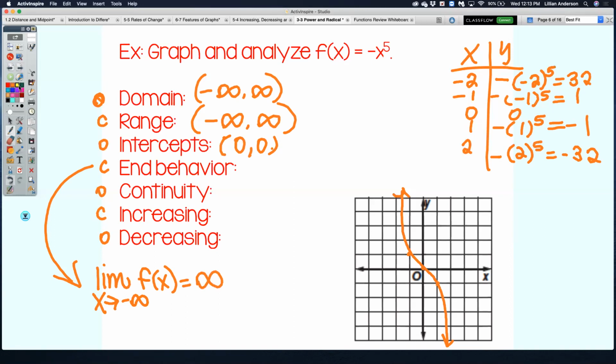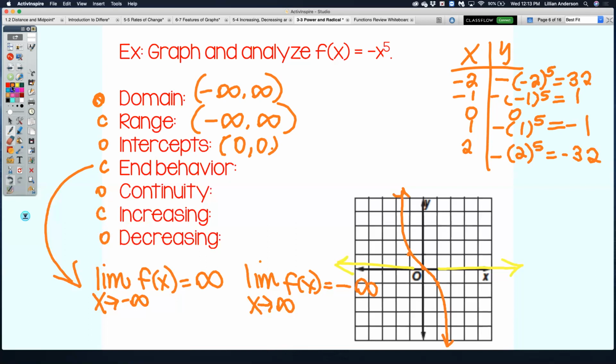So again, as you go this way, as the x's are getting -5, -10, -20, the y's are continuing to get positive and they're continuing to get bigger. So then the limit as x approaches +infinity of your function is -infinity. Very good. Because again, as we go this way, as your x's get bigger, your y's are getting bigger to -infinity. Beautiful.